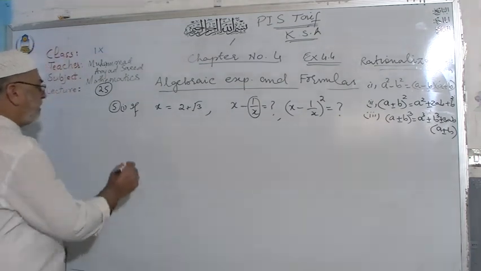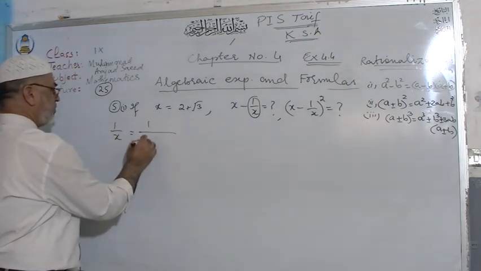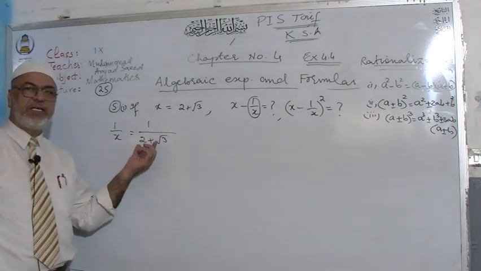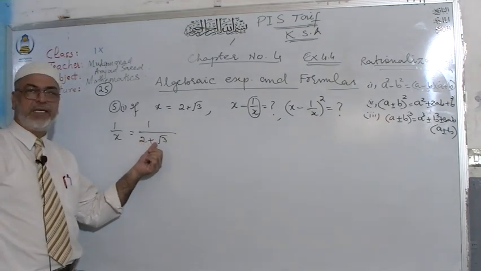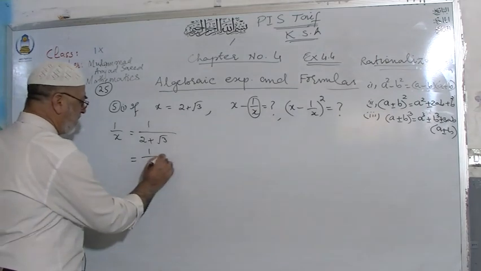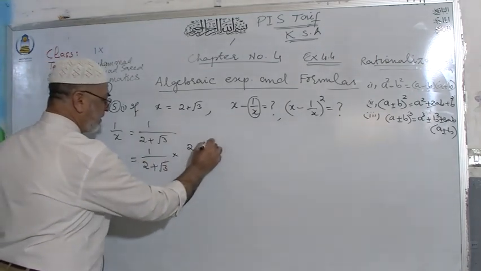So in this way, first of all, 1 over x is equal to 1 over 2 plus root 3. You know that in the denominator, there is a radical sign. We have to rationalize it by multiplying above and below by the conjugate of the denominator.